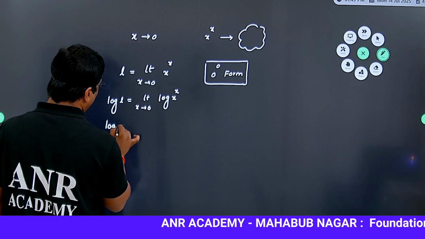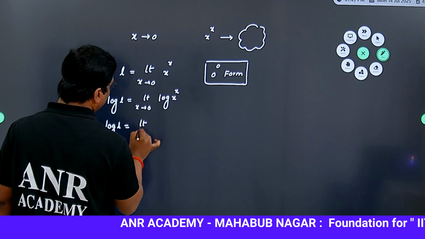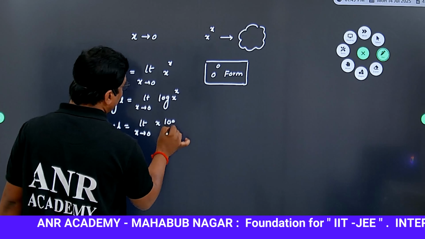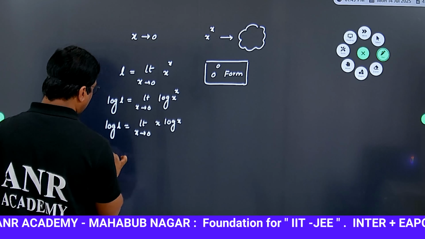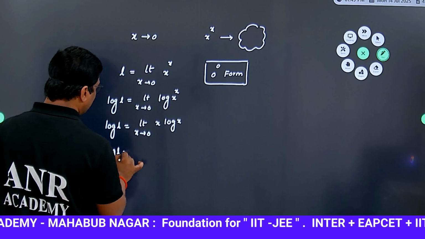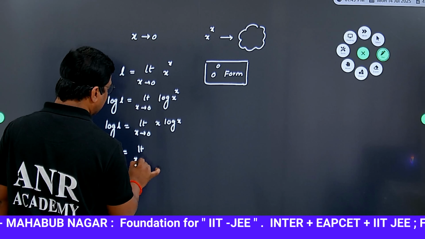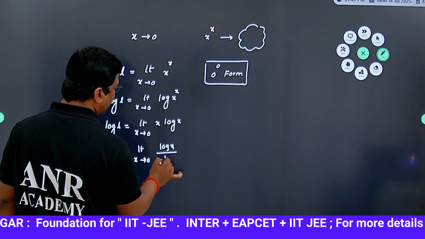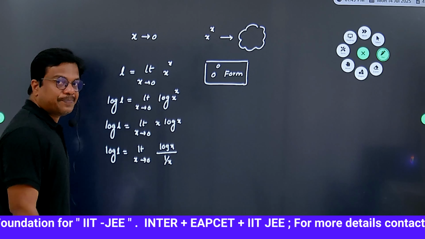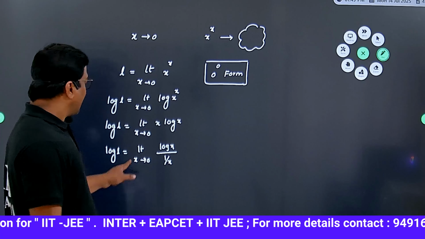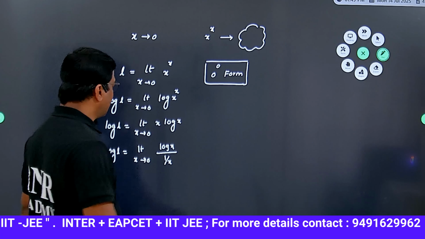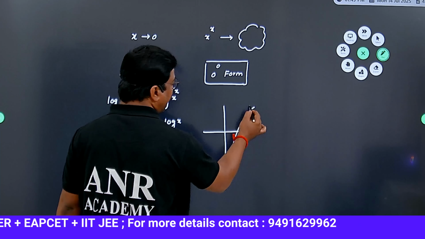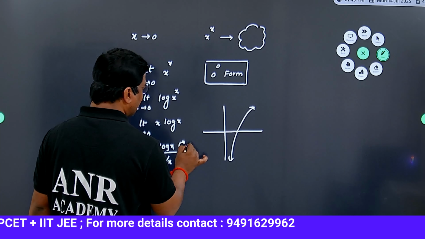Therefore, log L equal to limit x tending to 0 of x into log x. Now, log L equal to limit x tending to 0, it can be written as log x divided by 1 by x. As x tends to 0, log x approaches minus infinity. It approaches negative infinity.